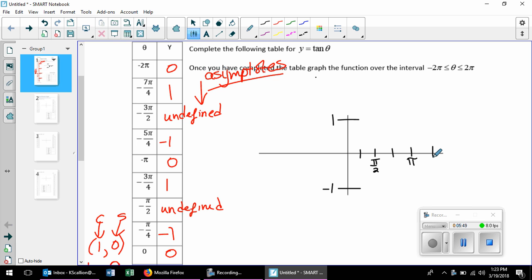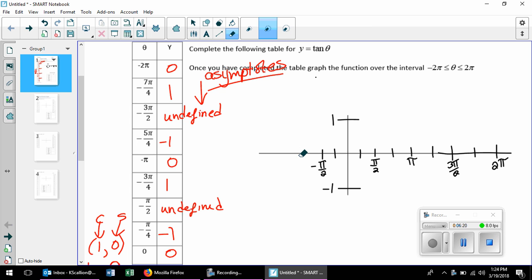Where am I now? After pi, this would be 5. I don't have enough room. I really should have extended this. Quarter, half, quarter, half, quarter, half, quarter, half. Did I miss one? Feel like I did, but I think I'm okay. Would you know if I missed one? You will, because the shape will be funky.